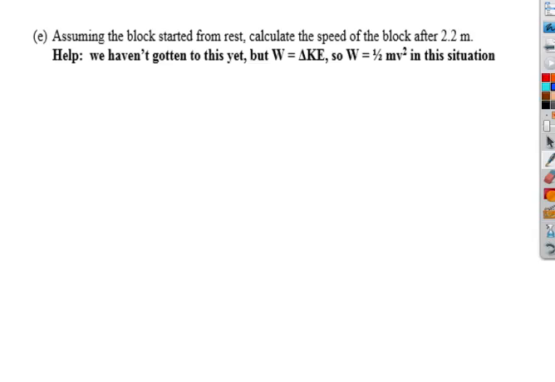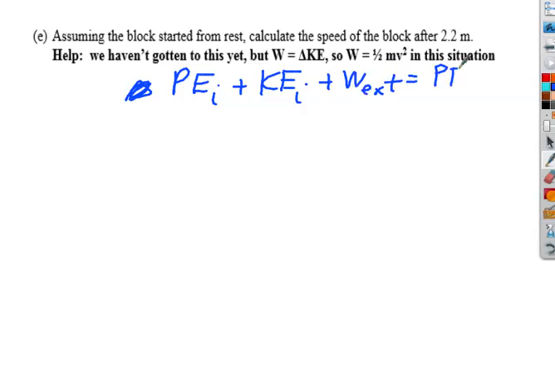If you're doing this after we look at the work energy theorem, it's pretty straightforward. Technically the work energy theorem would be initial potential energy plus initial kinetic energy plus work external equals final potential energy plus final kinetic energy.